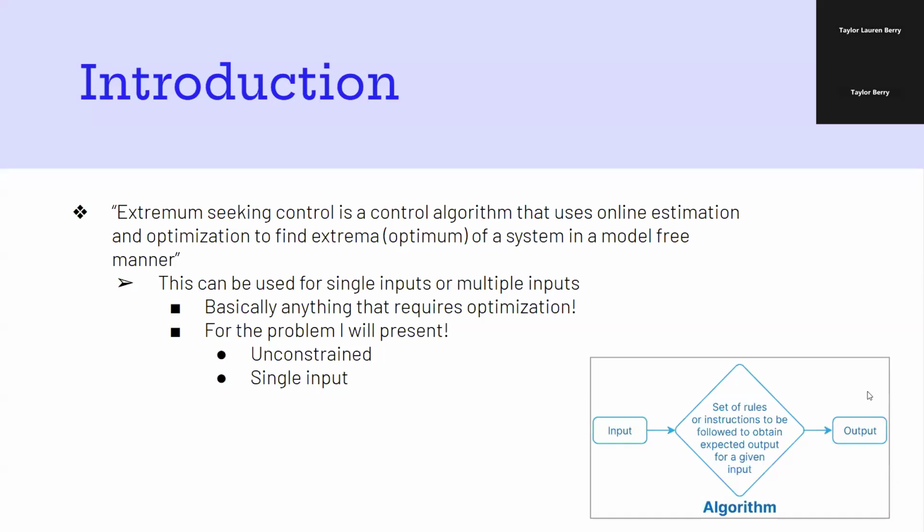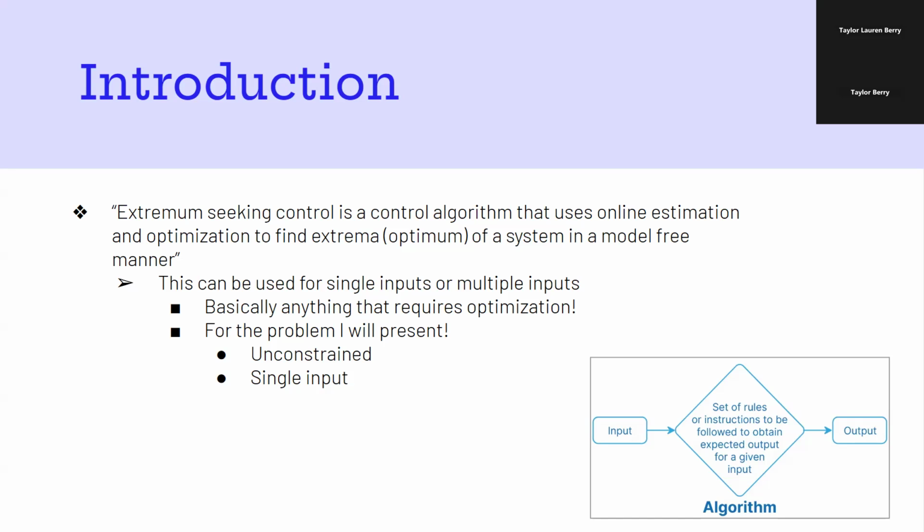So, an introduction. Based off of what was taught in lecture, we have the quote that extremum seeking control is a control algorithm that uses online estimation and optimization to find extrema of a system in a model-free manner. This can be done for single inputs or for multiple inputs, and it can be used basically for anything that requires optimization.